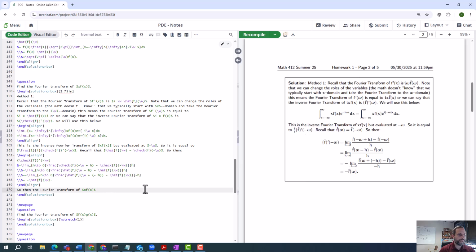So the Fourier transform of x f of x is minus 1 over i times the derivative of f hat of omega, and 1 over i is equal to minus i, so this is just i times the derivative of f hat of omega.